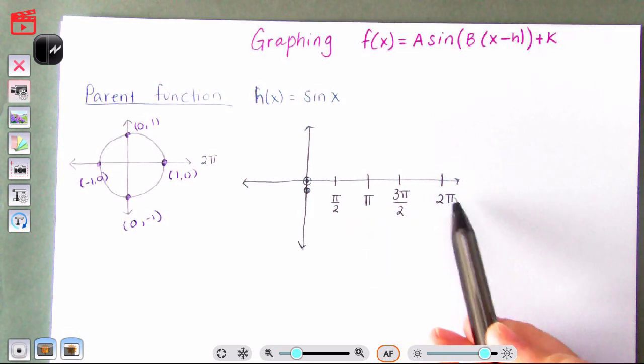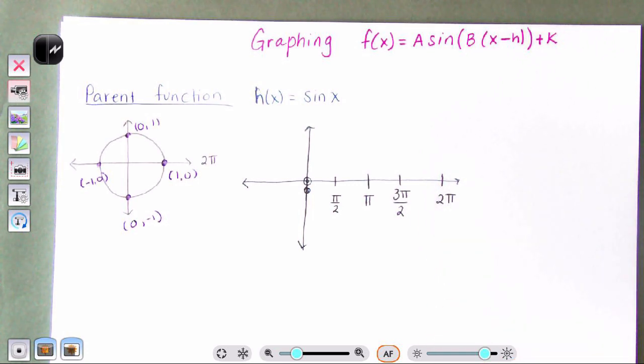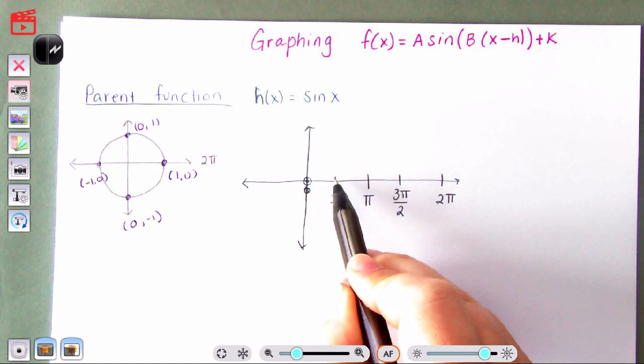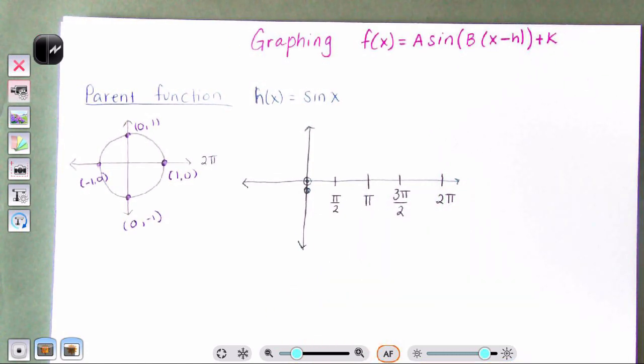Another way to think about it is take your one full length period, whatever that may be, because we are doing translations. Whatever your period ends, you take that and you can divide by 4, and that's going to give you this value here. But we'll, again, talk about that in a little bit.